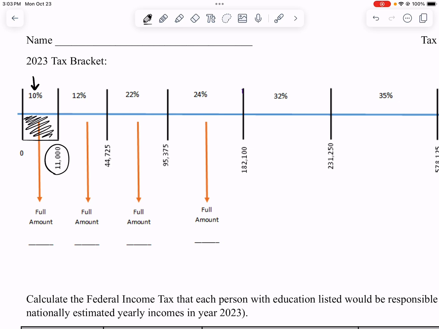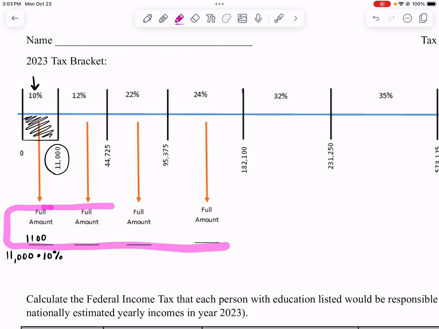So you would calculate $11,000 times 10%, and you get $1,100. This section right here that I'm going to fill up is all tax, okay? So if you fill up that first bucket, you are guaranteed to pay $1,100 in taxes.